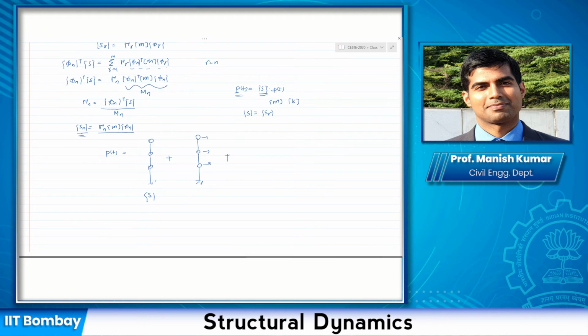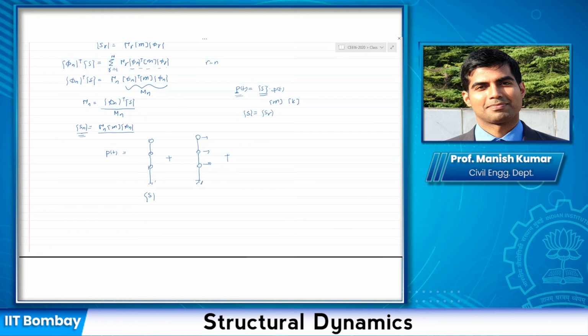Is that clear? What is the meaning of S_n here? This is the expansion of the applied force in different modes. We did the expansion of our mode shapes using the displacement vector. Now this is the effective force in each of the modes.